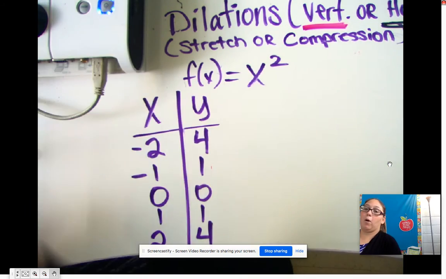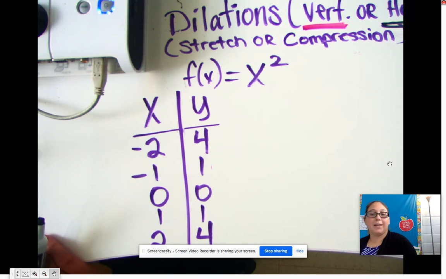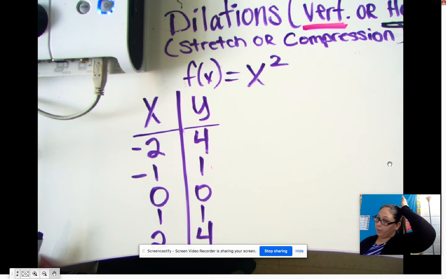So now if we talk about horizontal, horizontal is affecting your x values. When it affects your x value, it's going to be inside a parenthesis, or inside the square root, or inside the absolute value. And so when it's inside, it's opposite, okay?